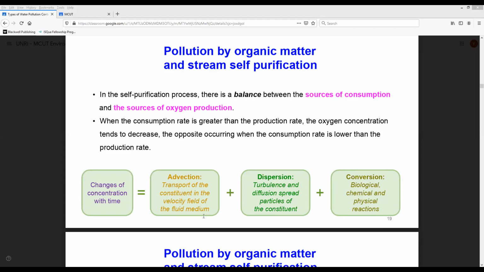Advection means the transport of the constituent in the velocity field of the fluid medium. The dispersion is turbulent diffusion, which spreads particles of the constituent. Conversion is biological, chemical, and physical reaction. So basically, these three added up equal the change of the concentration with time. Okay, and then next, please.